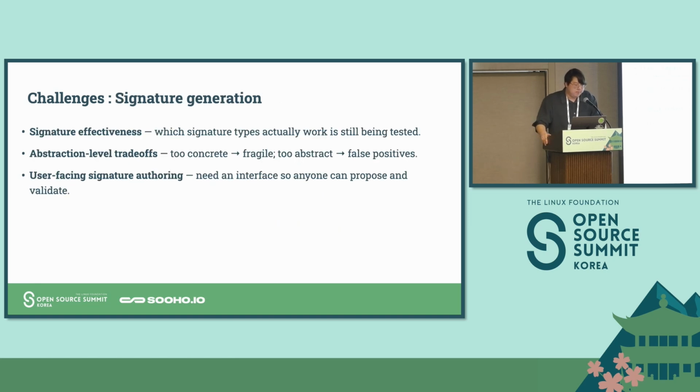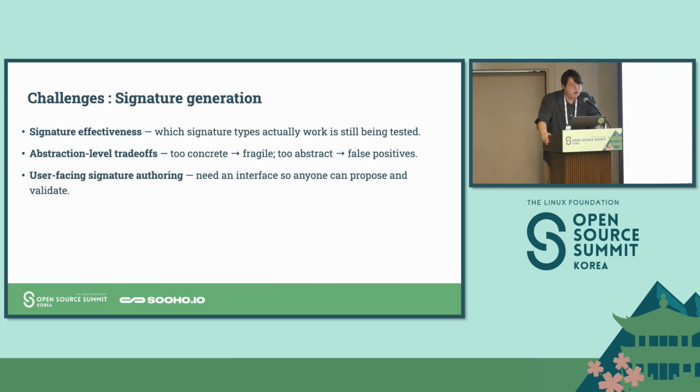Another challenge is signature generation. The major question is which signature types actually work. I hope to answer this clearly in this session, but we are still testing, and I hope we can share it soon. The main dial is also the abstraction level.